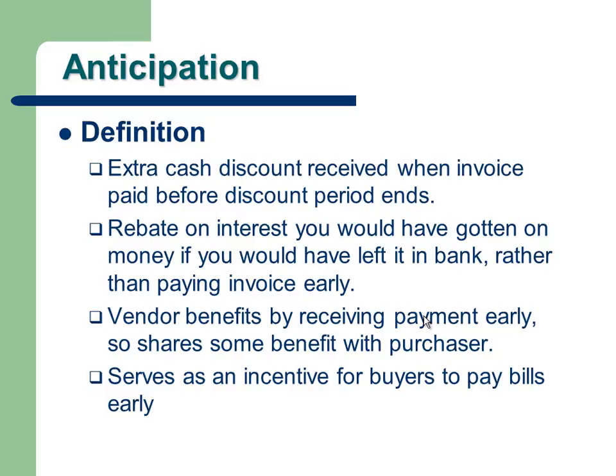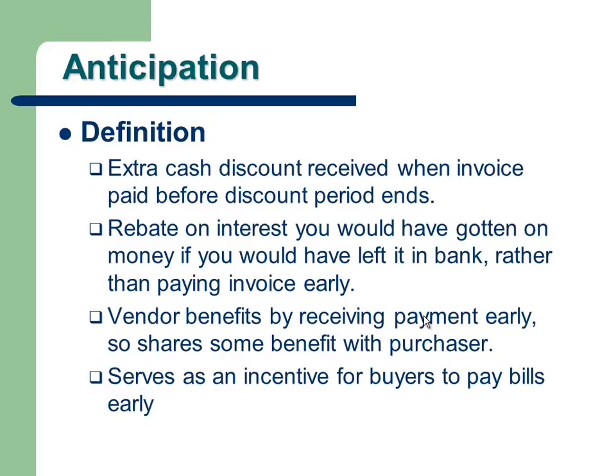When it is granted, the vendor decides on the amount of anticipation based on how many days earlier the buyer paid the invoice before the cash discount date. Anticipation is offered by the vendor to benefit the buyer, to encourage the buyer to pay early, and also the vendor can benefit by receiving the payment early.